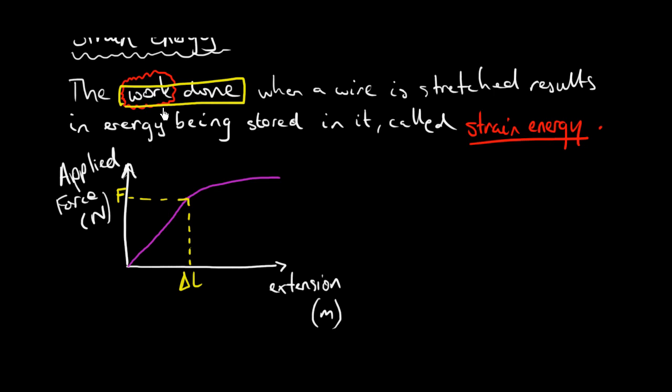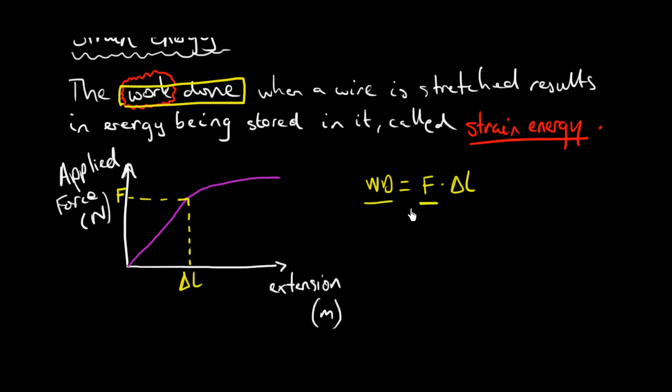But that really applies to a situation where the force is constant, where the force is having an effect as a constant value throughout the distance delta L. So in theory, the equation, if that was the case, would just be work done equals force times delta L.